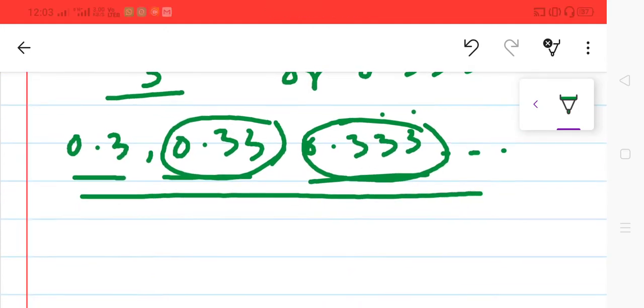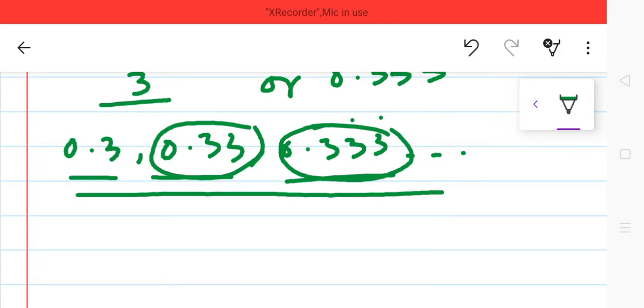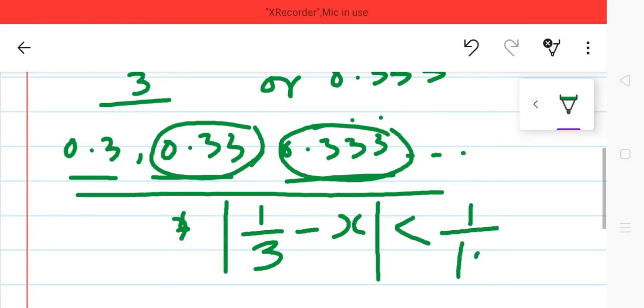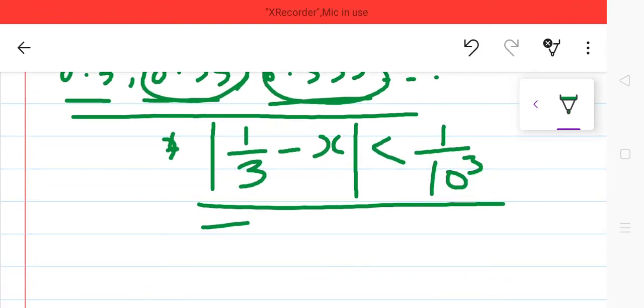The notion behind this is: if this is 1 by 3, can you find x such that its difference is less than 1 by 10 to the power 3, something like this? The idea is using sequences.